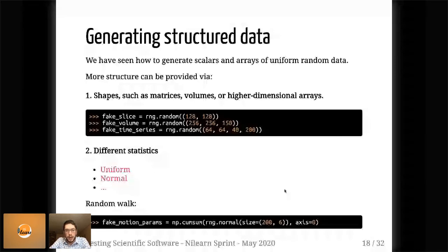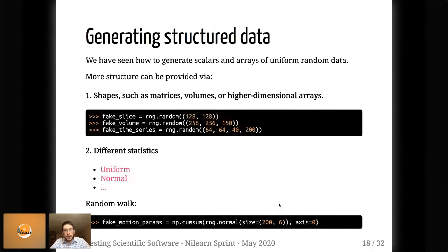But motion parameters are not temporally independent. That's actually closer to one. You might want to simulate it better with a random walk, so you can use a cumulative sum operation across the rows, so that each time step is motion relative to the previous distance.